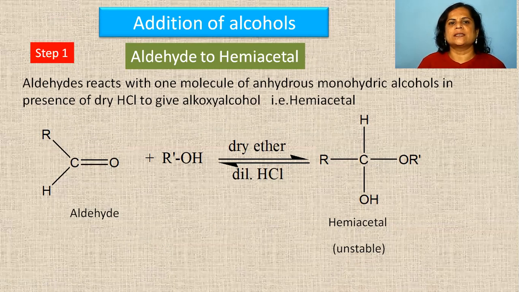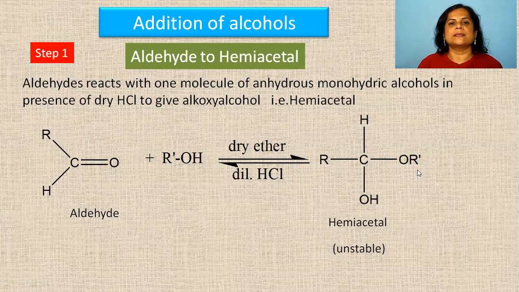Next reaction is the reaction between aldehydes and alcohols. When aldehydes which contain the carbonyl group C double bond O react with alcohols, the final product is an acetal. In the structure of an acetal, the carbonyl double bond is replaced by two alkoxy groups.